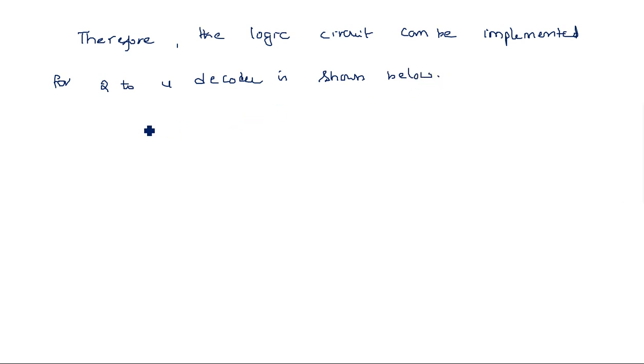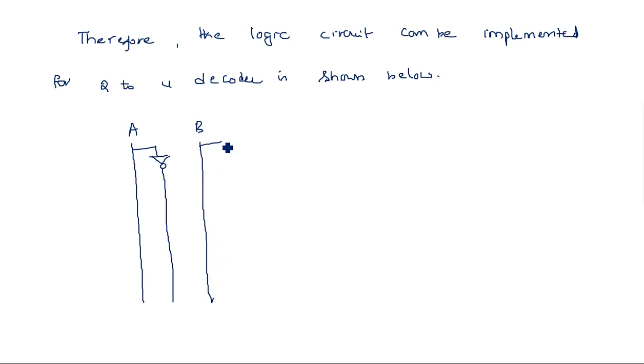Okay, so we are taking A in true form, A in complement form, B in true form, B in complement form, and similarly E in true form. E true form is used nowhere, only E complement form.